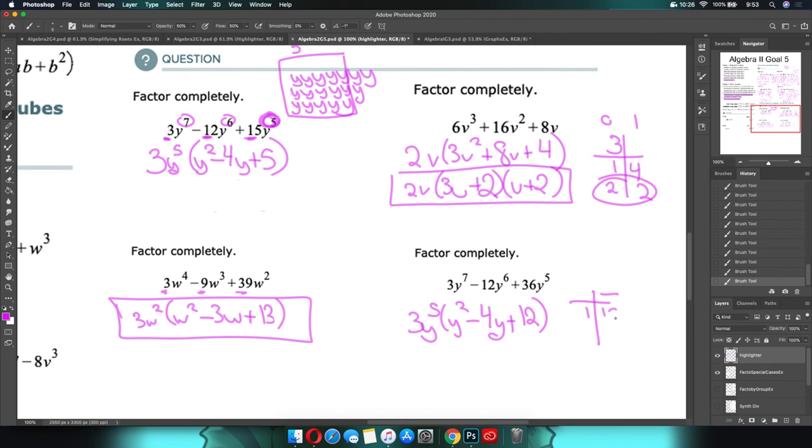We have 1 and 12 and 2 and 6. Yep, 2 and 6. This one can be. Oh, they lined up so neatly. I didn't notice that. All right, so this one can be factored. 3y to the 5th. And then I have a plus and a minus. It's going to be minus 6 and then plus 2.